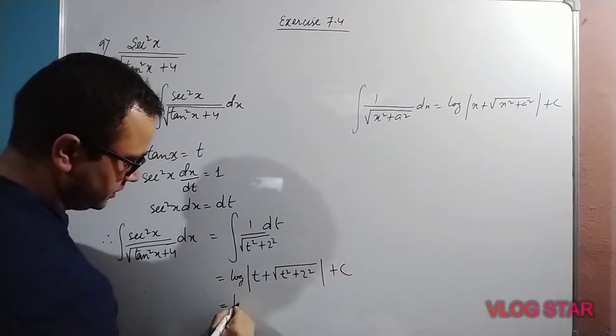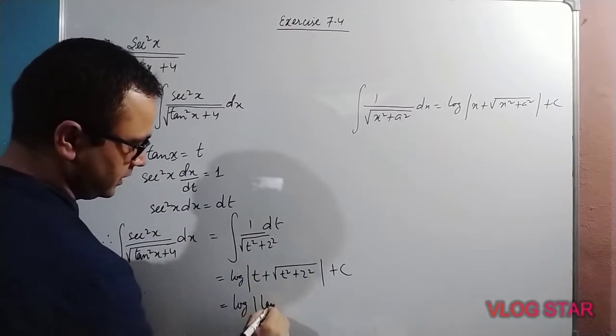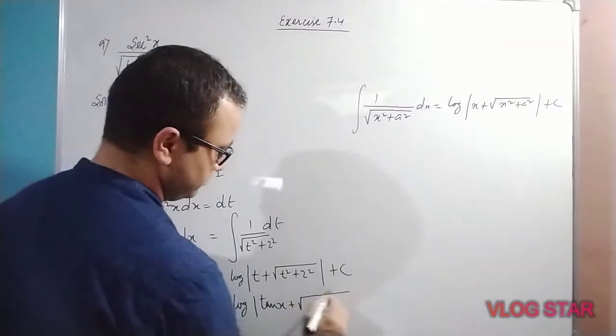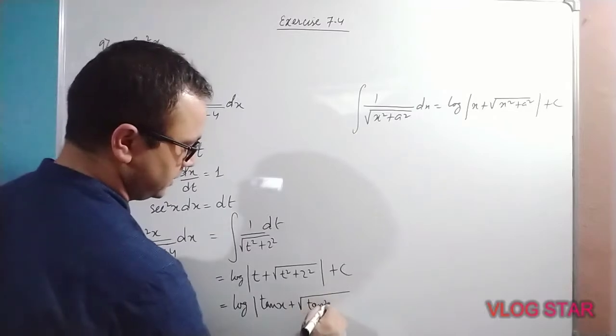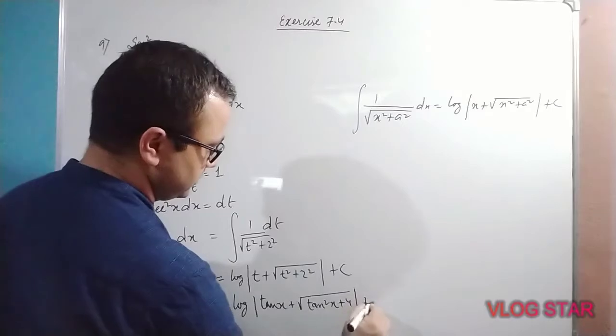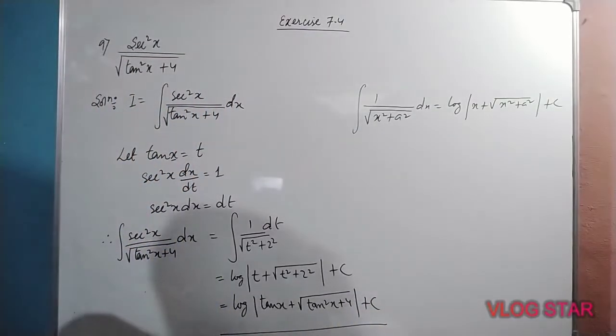So instead of t we will write tan x. It is log tan x plus root under tan square x plus 2 square, that is 4, plus c. Now this is the answer of question number 9.